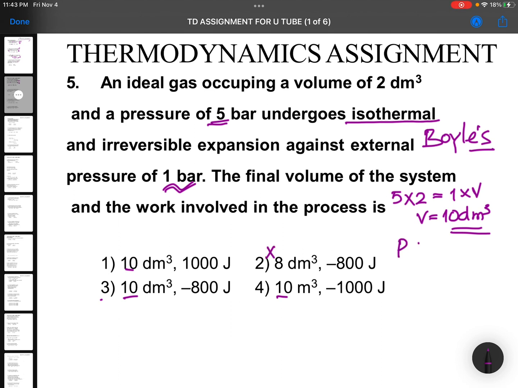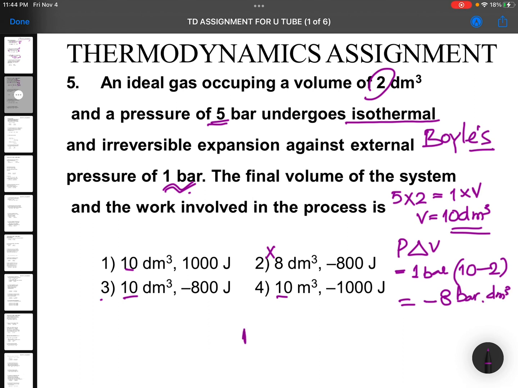Then work is pressure into delta V. Pressure is 1 bar, the final pressure. Delta V means final volume minus initial volume. Final volume 10, initial volume is 2. 10 minus 2 is 8, so minus 8 bar decimeter cube.